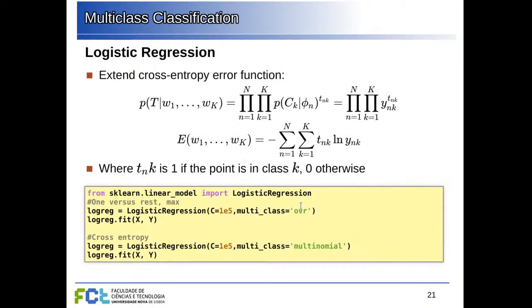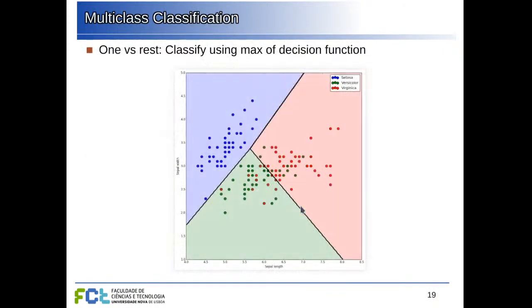There are some special cases, for example, logistic regression. You can do this with logistic regression because logistic regression gives you the probability of belonging to a class. So we can use that probability to get the maximum for each point, and use several logistic regression classifiers in combination to classify for an arbitrary number of classes.